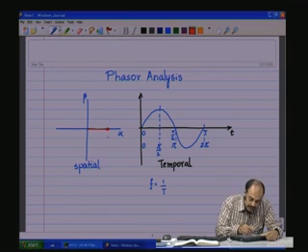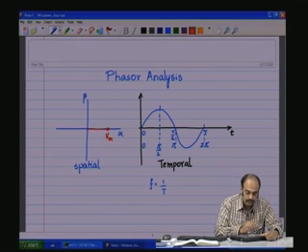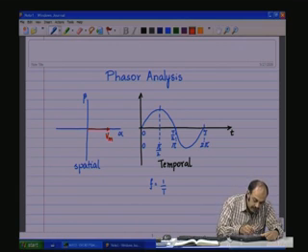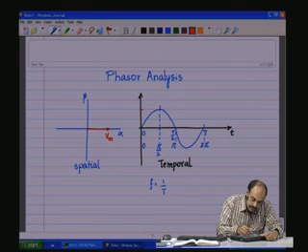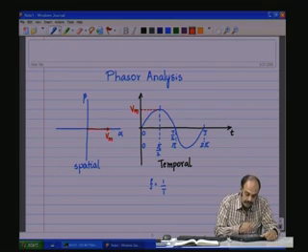Now, this vector has an amplitude Vm, that is its length. It is anchored at this point, and this is the same as the peak of the sine wave Vm in the wave shape in the temporal coordinate system.